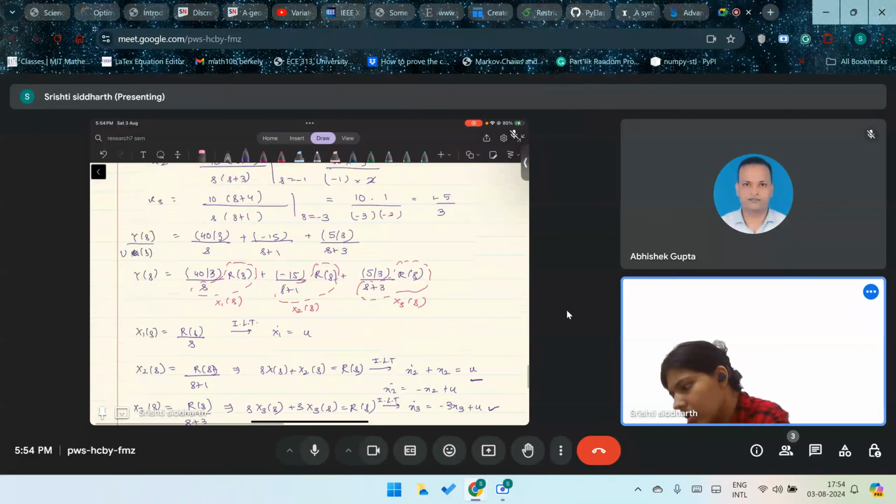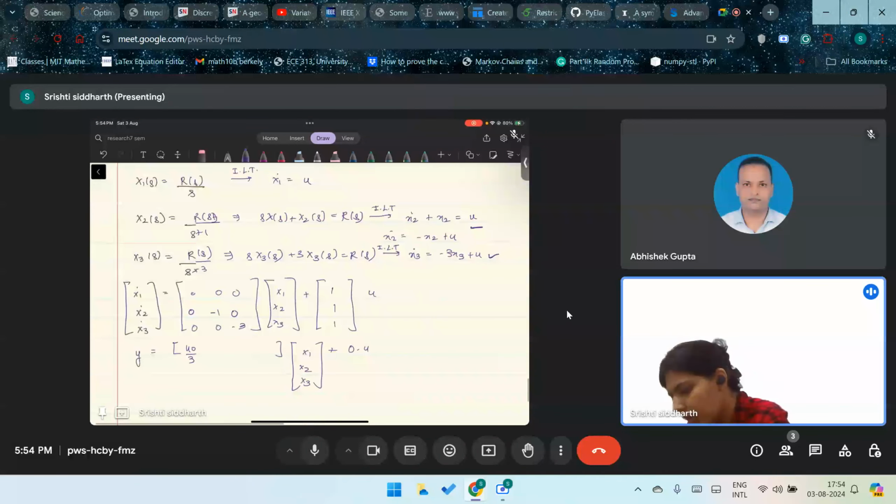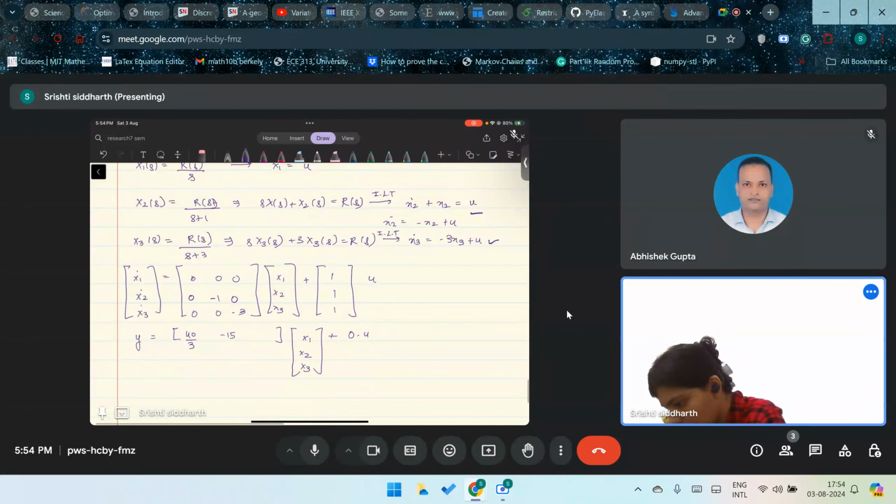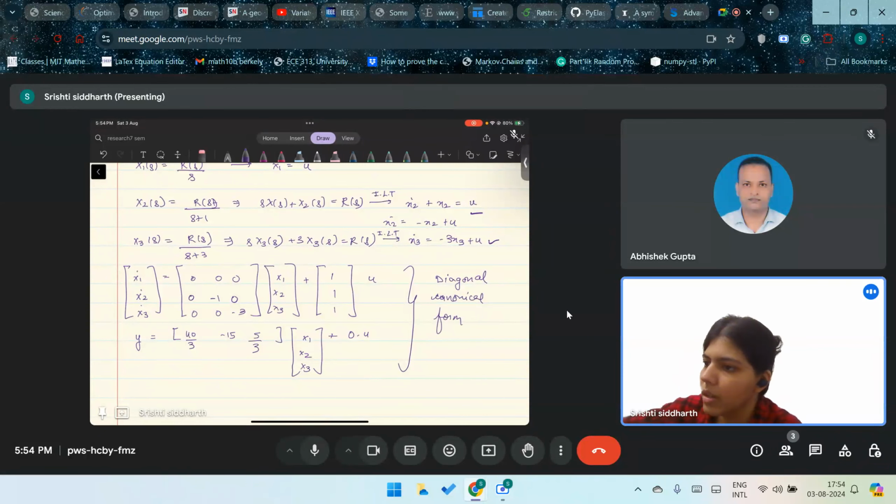Then it's minus 15 and plus 5 by 3. So this is the diagonal canonical form. Alright.